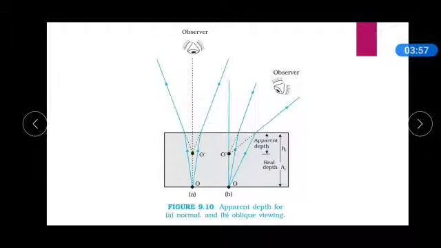So when we produce the refracted rays backward, they intersect at a point, and this is the position at which the image of the object is obtained. It is raised and is above the actual position of the object. Since our eyes always perceive rays of light coming from a straight path, we are able to see the object here and not here.